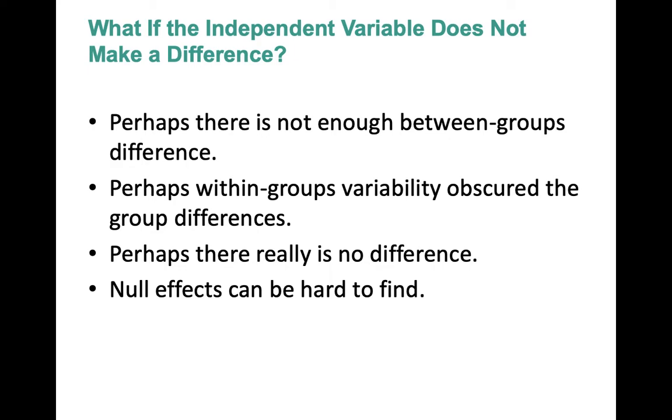The first possibility is that there could be an effect there, but there's not enough difference between your groups, between your experimental conditions, to detect that difference. The second possibility is that there is an effect, but there's within-group variability that obscures the group differences between your experimental conditions and obscures the effect. The third possibility is that there's just no difference to be found.